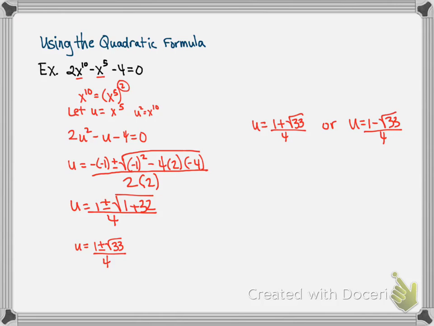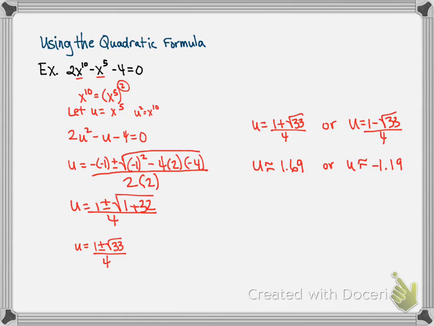And now I can actually compute an approximate decimal. So the first one, u equals 1 plus radical 33 over 4, becomes u is approximately equal to 1.69. And the second one, u equals 1 minus the square root of 33 over 4, becomes u is approximately equal to negative 1.19. Okay, from here, we will substitute back in.